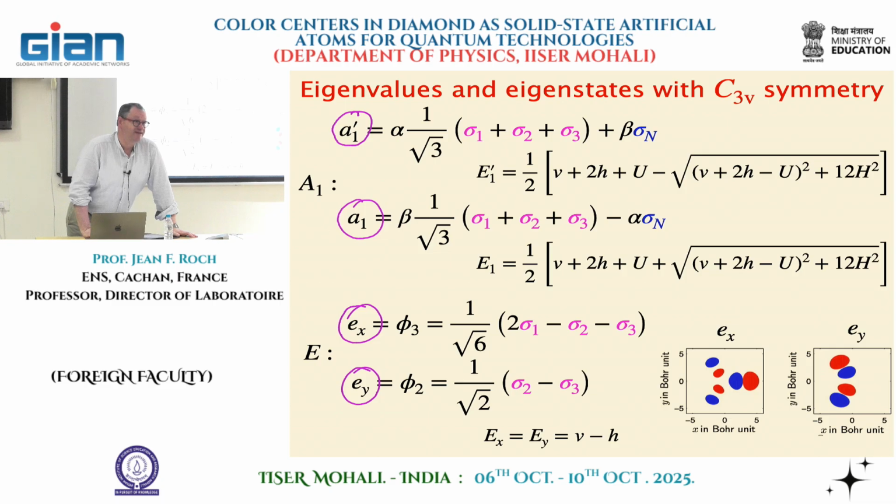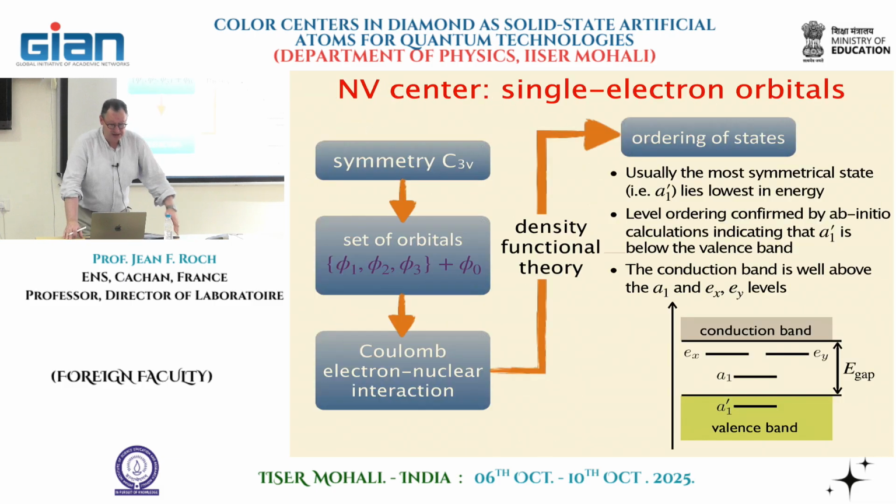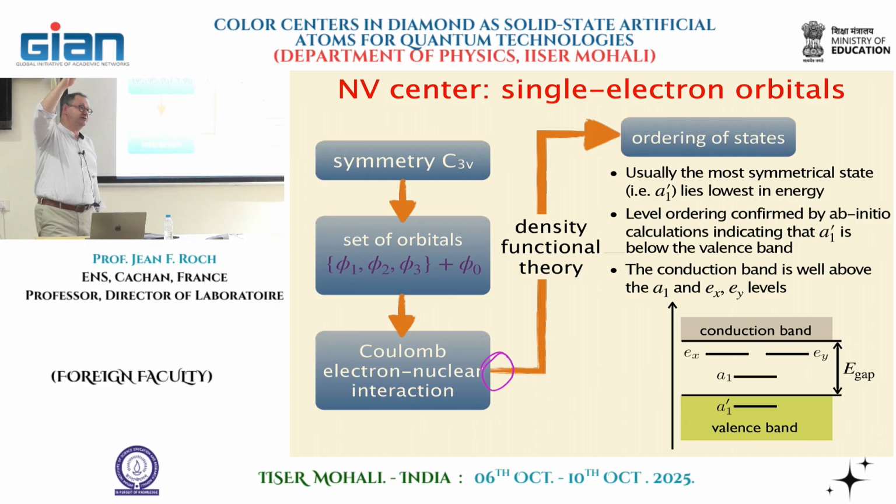So we now have 4 orbitals that are eigenstates of the nuclear potential, with the corresponding energy. At that stage, I do not know very well how to order them. This is the important problem. So I've been able to take this into account, and this is my step now. I started from the symmetry of the defect.